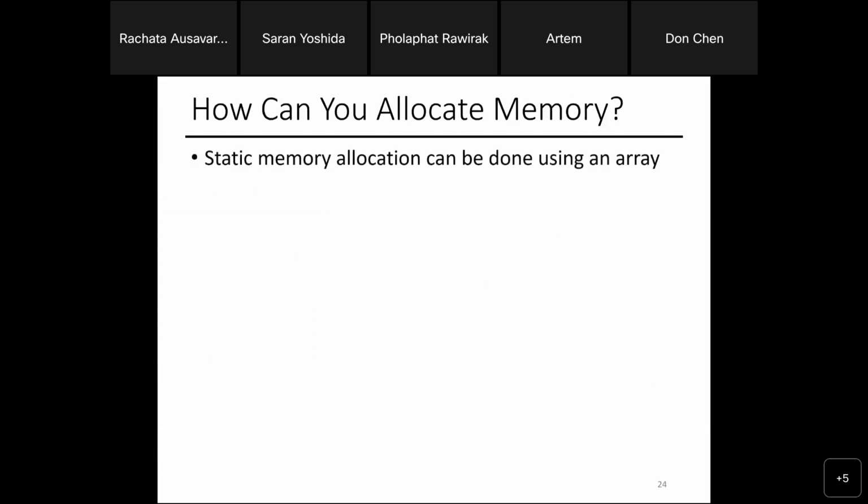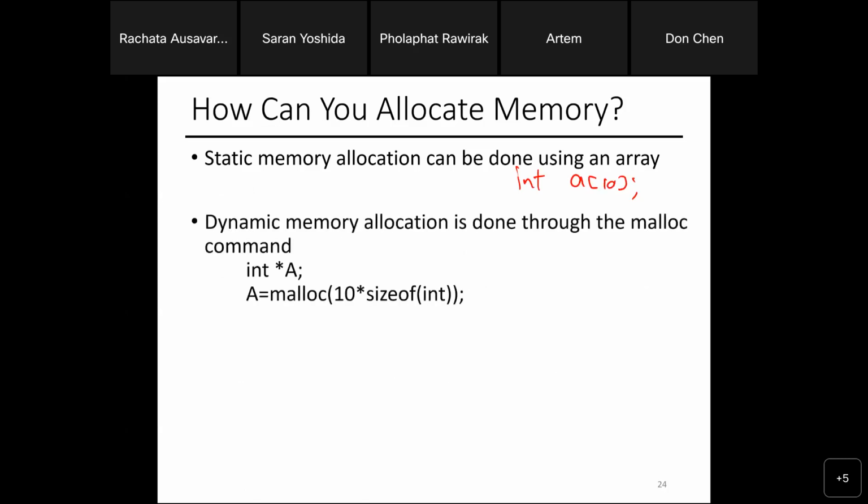When you have a static memory allocation, you can do this using an array. For example, you can say int a of 10. This creates 10 blocks of items for a in which I can store integers. And you can use what we call dynamic memory allocation.